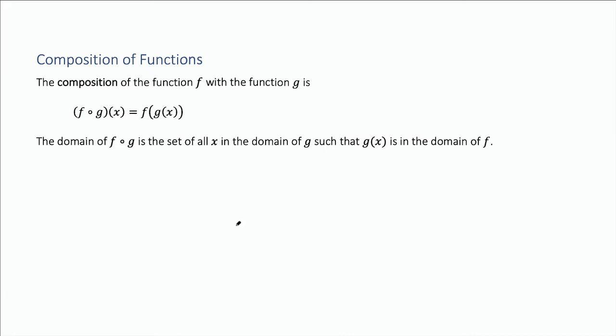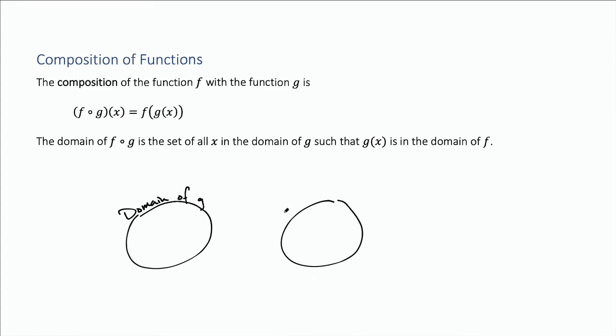So let's say this is the domain of g, and over here we're going to call this the range of g. And so we've got our function g that takes some x here and sends it to some g of x here. So the range of g, we hit everything in here.